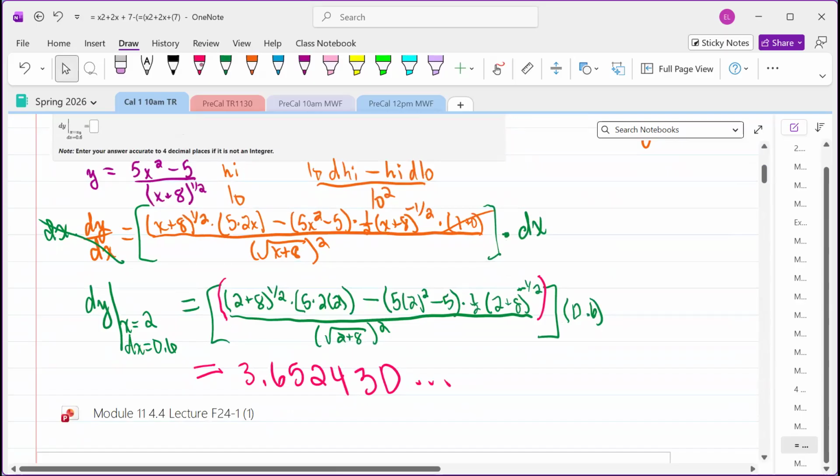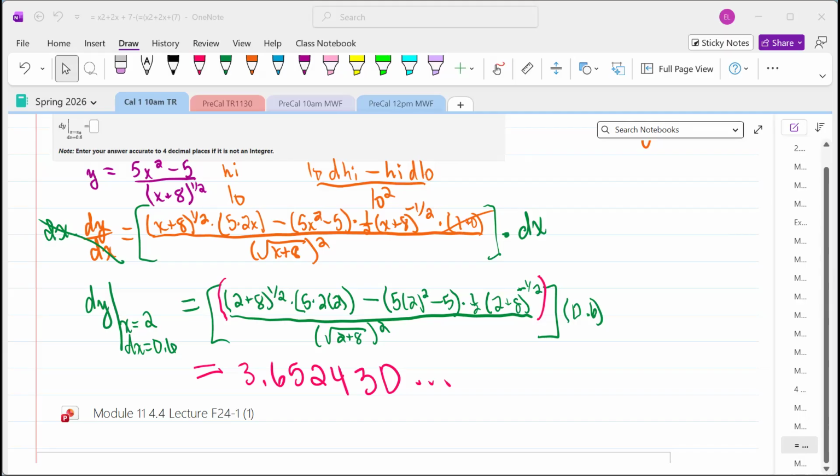It said enter your answer accurate to 4 decimal places, if not an integer. So 3.652430.